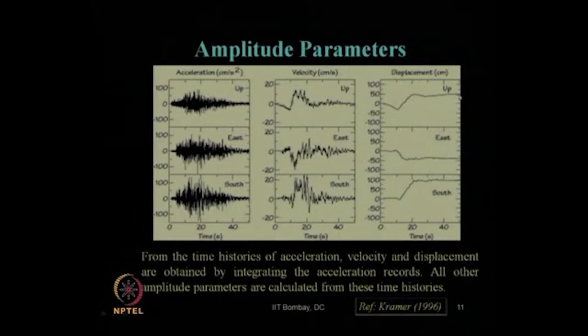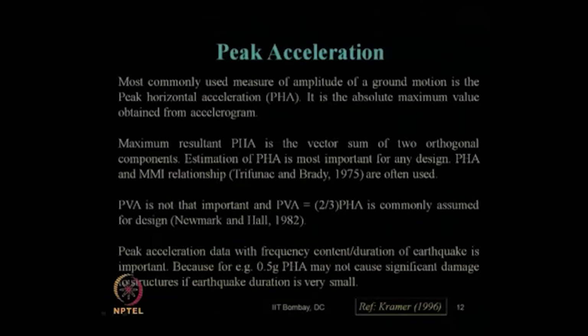This is the peak displacement in the vertical direction, in the east west direction, and in the north south direction. That automatically gives us only the peak value, not the effective value. There is no meaning of effective displacement, as I discussed in the previous lecture.